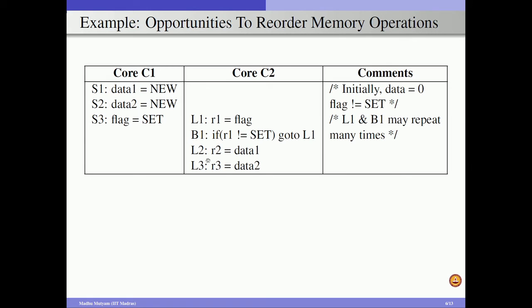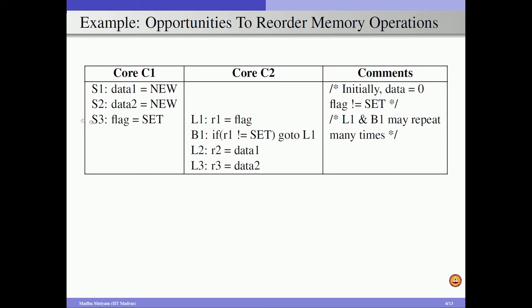The programmer's idea is that when the last store instruction executes, the two earlier instructions have already executed, so that when we come to L2 and L3, they get the new values. This is the intention when writing this piece of code.